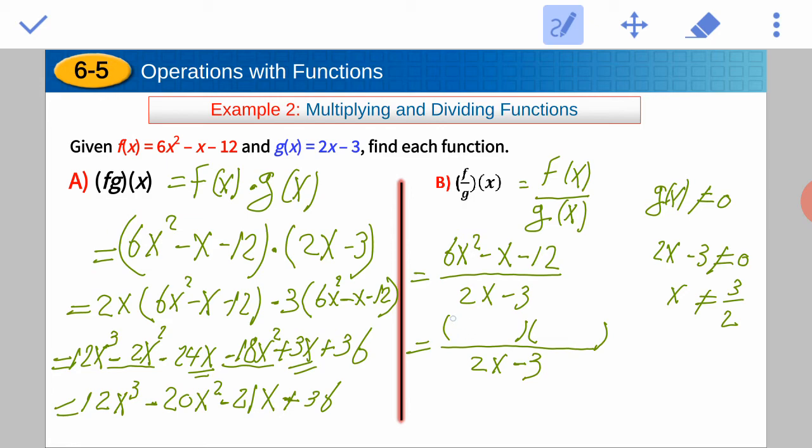I'm going to try 3x times 2x. The last sign is negative. It means the signs are different, one of them negative and one of them positive. I'm going to start with the positive one here and the negative one here. How do I factor 12? There are many scenarios to factor 12.